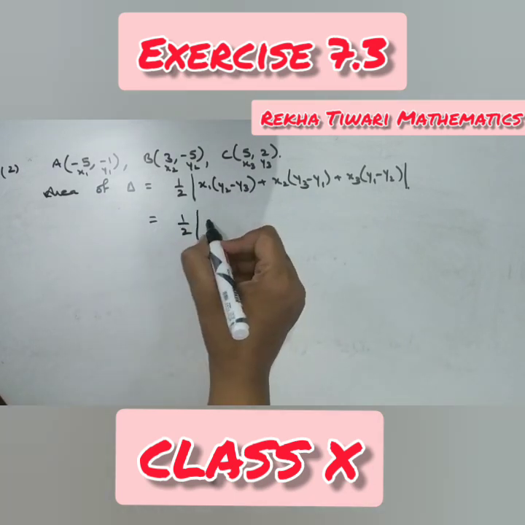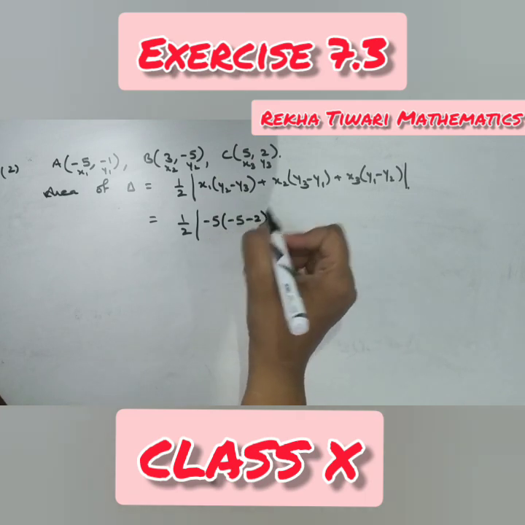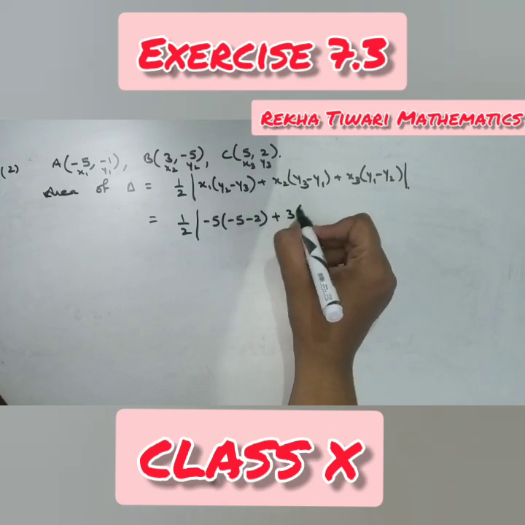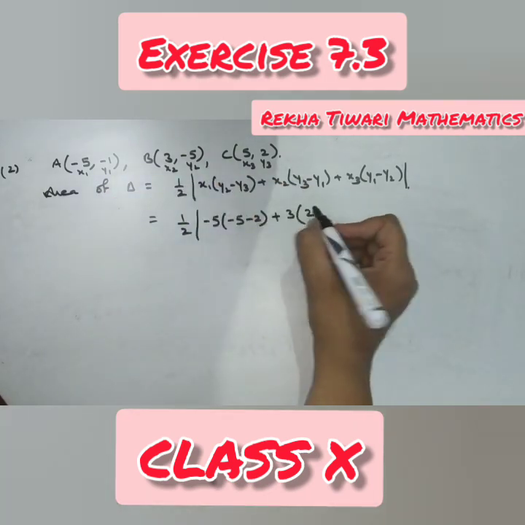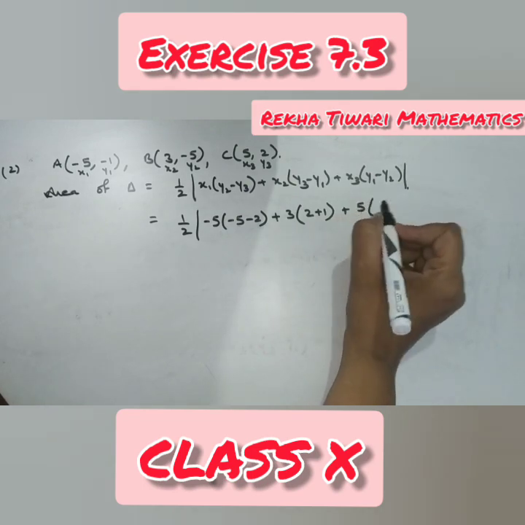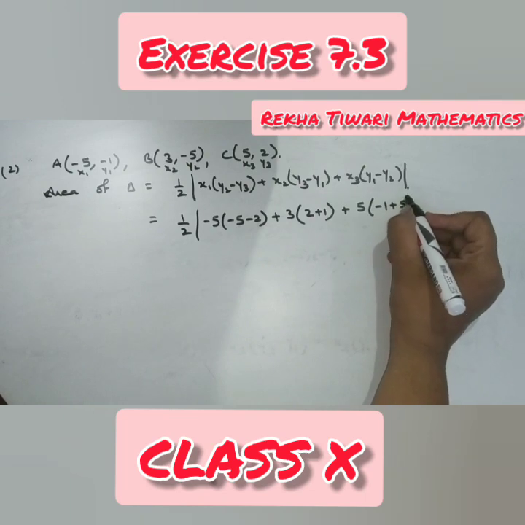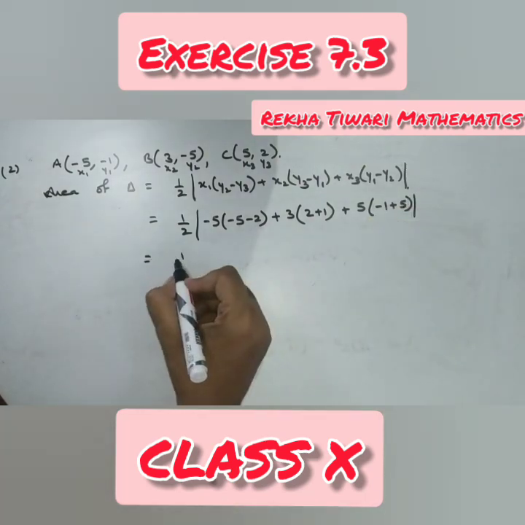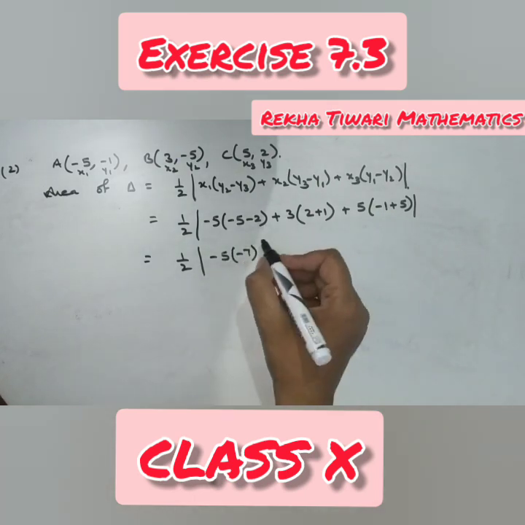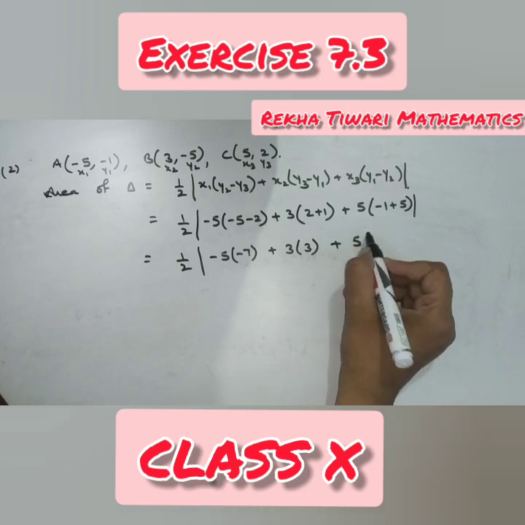This will be half, −5(−5 − 2), because y3 is 2, plus x2 is 3, y3 is 2, y1 is −1, so minus minus becomes plus 1, that is 3 into 3, plus 5(−1 − (−5)), minus of minus becomes plus, so 5 into 4. So this is half, −5 into −7, since −5 − 2 is −7, plus 3 into 3 plus 5 into 4.